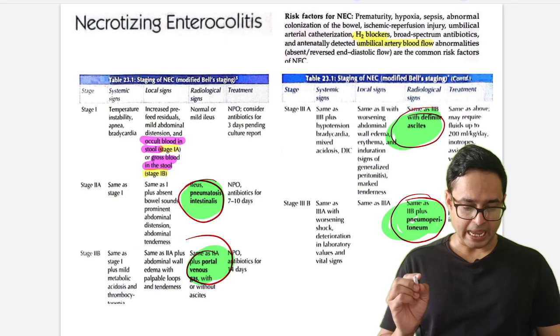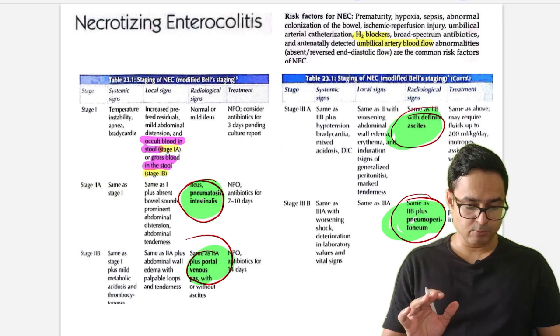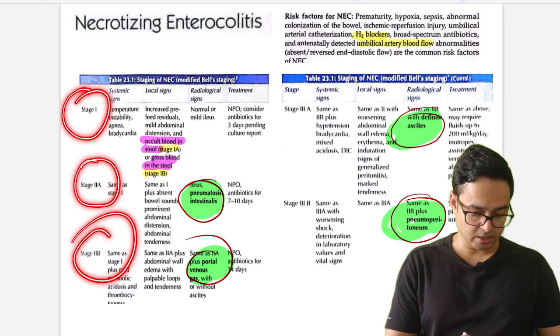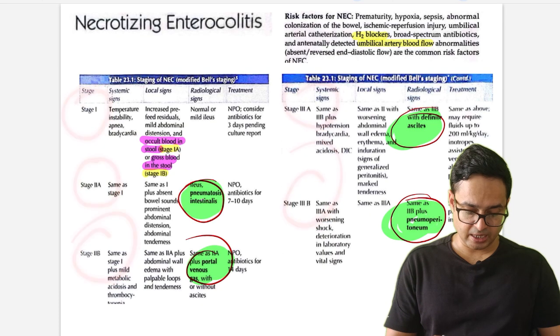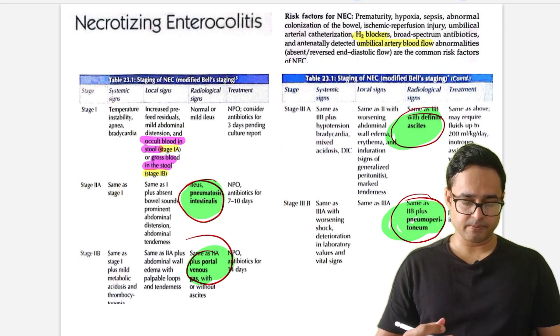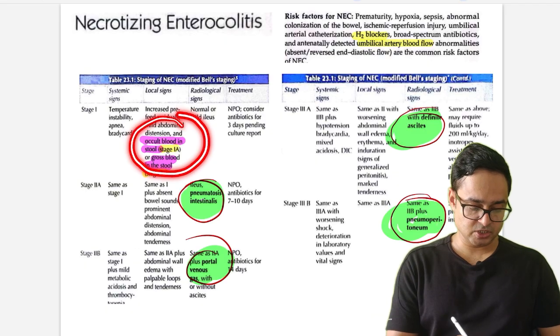Going forward to NEC. Just remember the staging of NEC, modified Bell staging: stage 1, stage 2A, 2B, 3A and 3B. Just remember the key indicators, key words which can be asked.